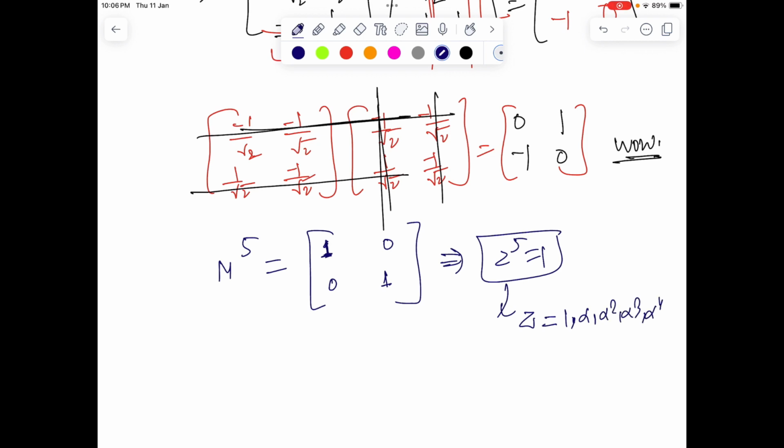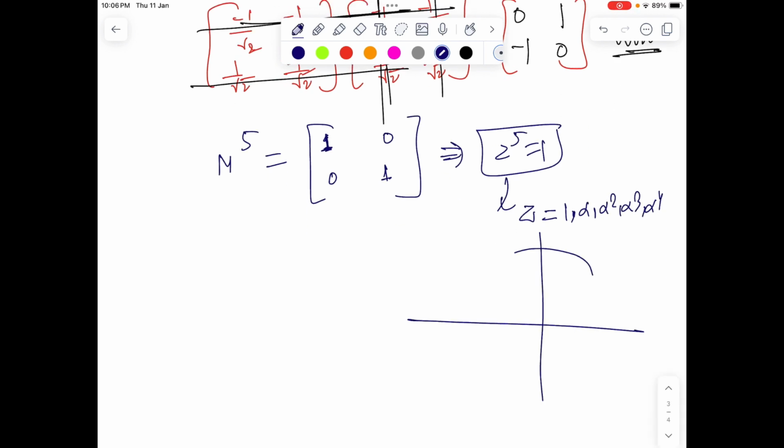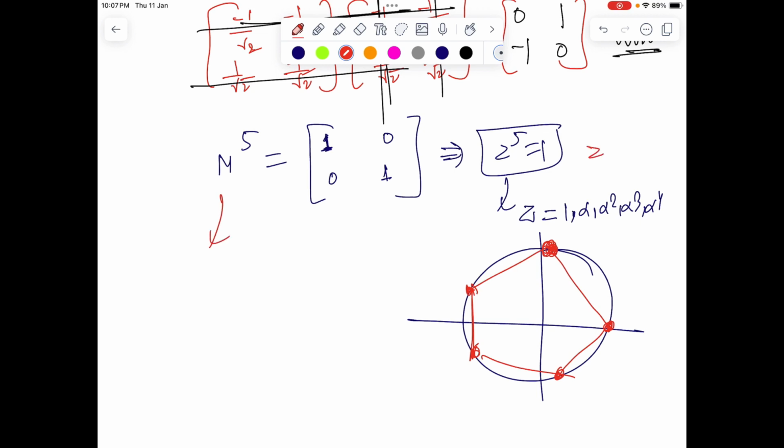So z is going to be 1, alpha, alpha square, alpha cube, and alpha 4, such that all the solutions lie on this complex plane. All these points are definitely valid solutions of this.